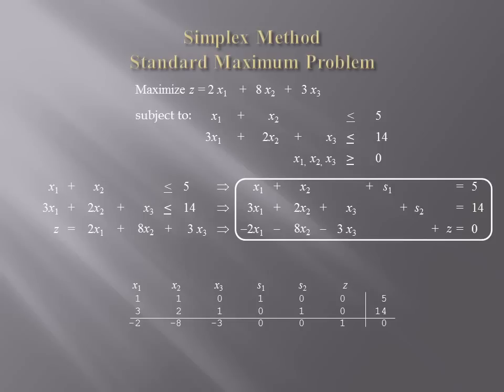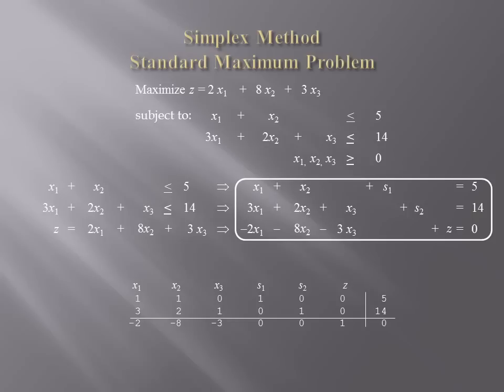Notice that the x1, x2, and x3 columns each have more than one non-zero number in their respective columns. The x1 column has 3 non-zero numbers, 1, 3, and -2. The x2 also has 3 non-zero numbers in it, and the x3 column has 2 non-zero numbers in it, 1 and -3.